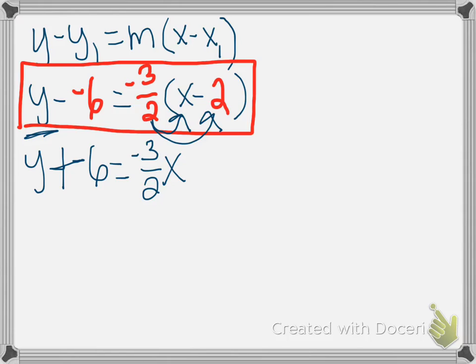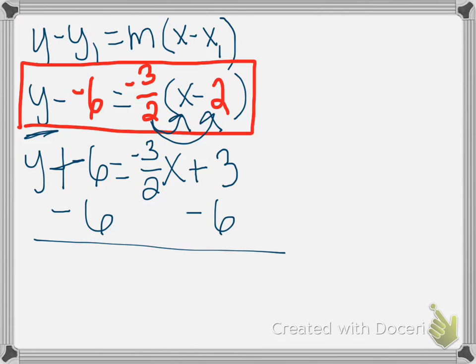-3 over 2 times -2 is going to be a positive, because negative times a negative equals positive, so it equals positive 6 over 2, so I'm going to reduce that down to 3. And then I'm going to subtract 6 from both sides.